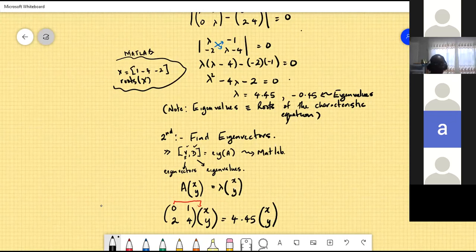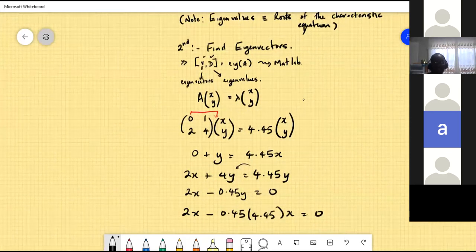Let's check it over. The matrix is 1, minus 4 and minus 2, right? Yeah. So 4.45 and minus 0.45.